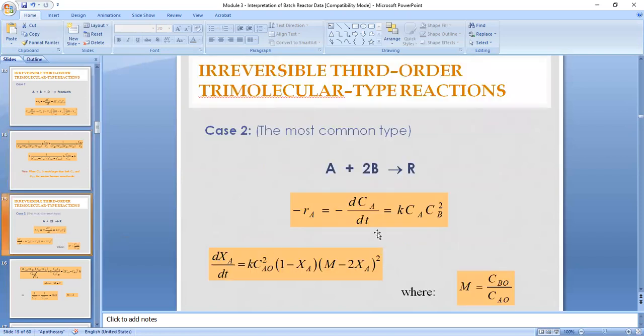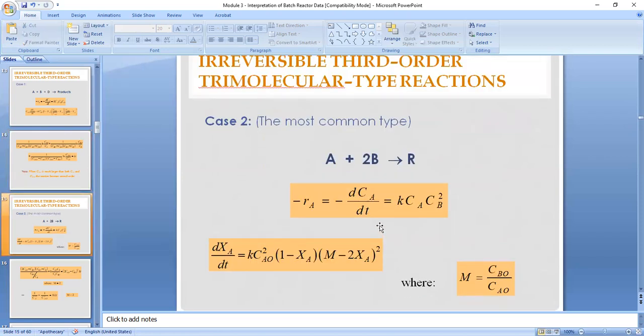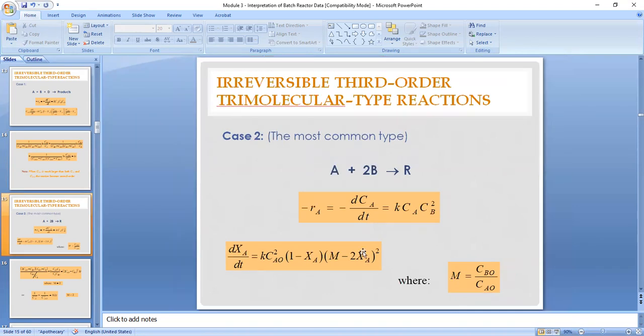Now our case 2 is something like this, and this is the most common type for a third order termolecular type of reaction.